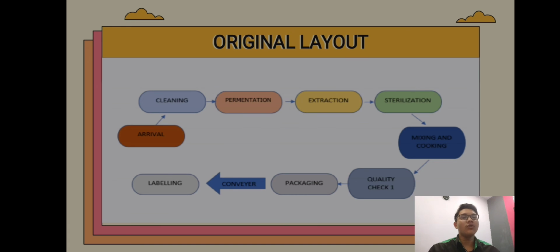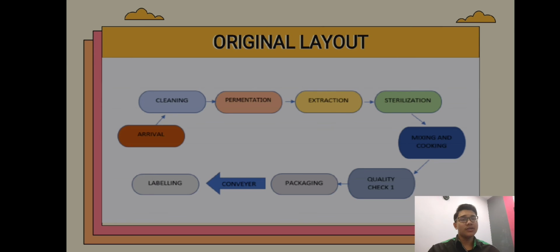Soon after all the cleaning is done, they will be moved to the next station, which is mixing and cooking. That process will cook the soybean, then it will be mixed into one container. After that, it will go to the checkup station to ensure there is no defective sauce that can be used.